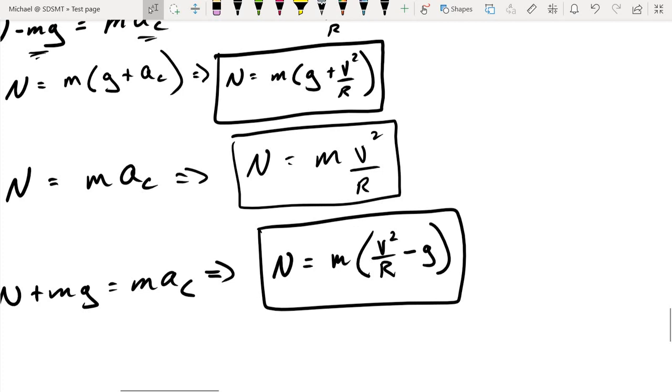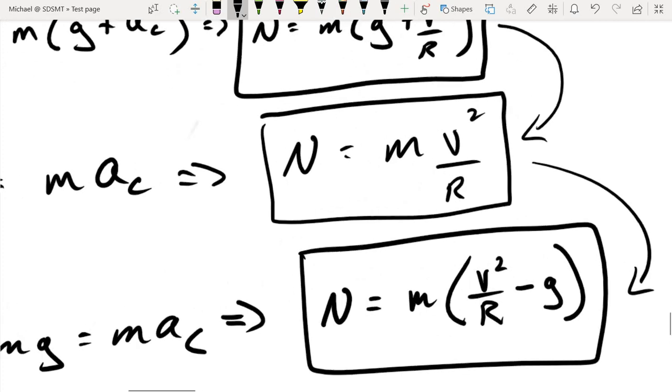So what's happening now? Well, from here to here, our normal force became weaker, but now from here to here, the normal force has become even more weak than it was before.